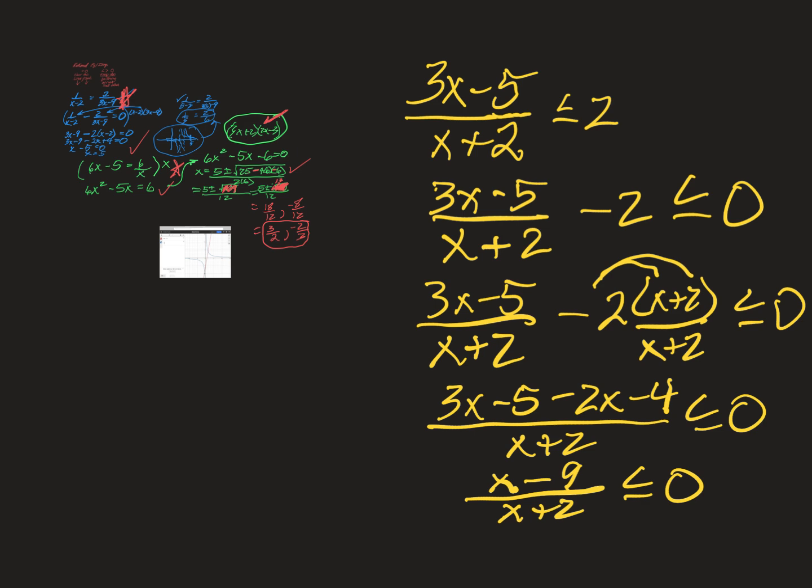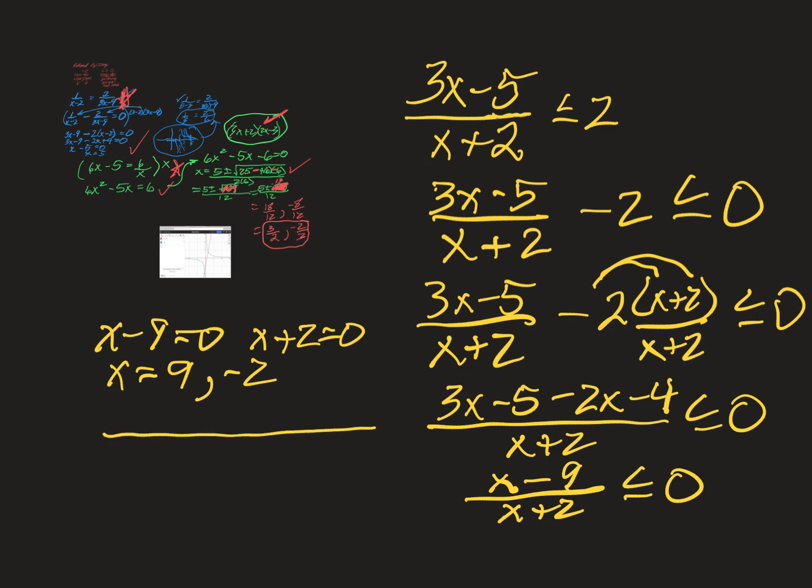Now, once we're to that point, we can take the numerator factors, set them equal to 0, and the denominator factors, set them equal to 0, and we get x equals 9 and x equals negative 2. That divides our number line up, negative 2, 9, and we can now pick our test values.